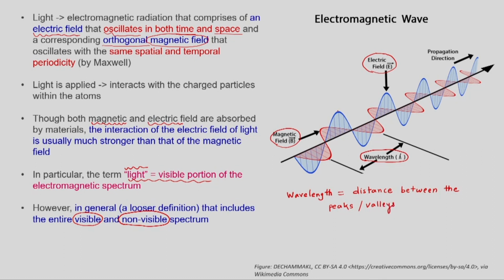So, here this is peak 1 and this is peak 2 with respect to the electrical field. Then the distance between peak 2 and peak 1 is considered as the wavelength. In a similar way, if we are considering the valleys, these 2 points can be considered, and this is the wavelength of the electromagnetic radiation.